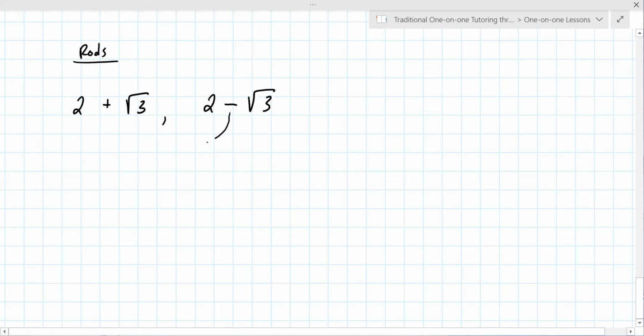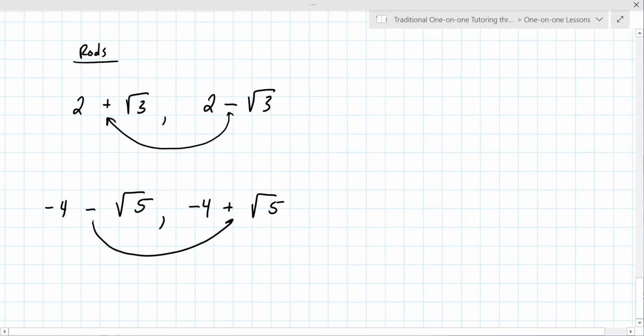Notice the only thing that changes is this right here. Now I could give you something like minus 4 minus the square root of 5, and it's paired with minus 4 plus the square root of 5. So again, the only thing that changes is what's in front of the root. The number in front you don't manipulate.